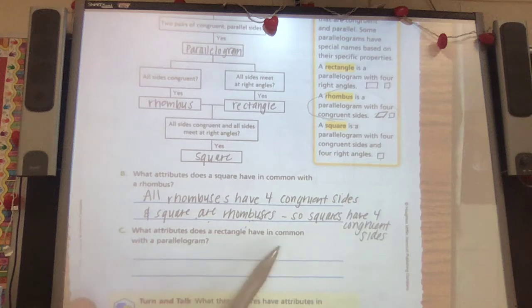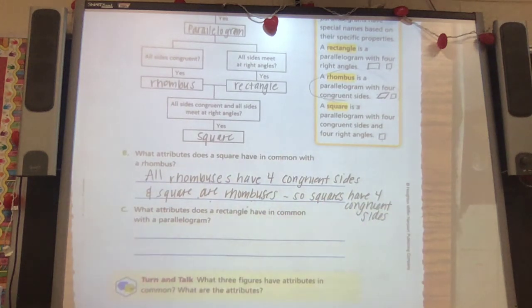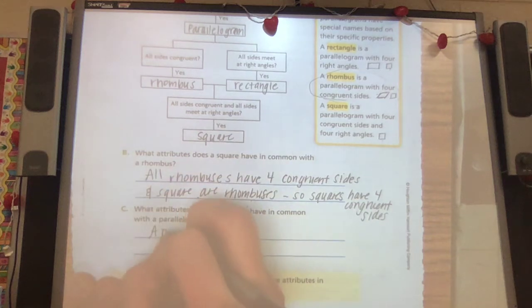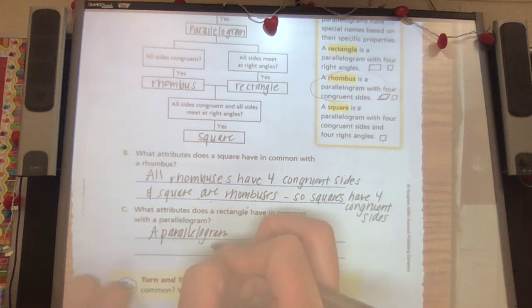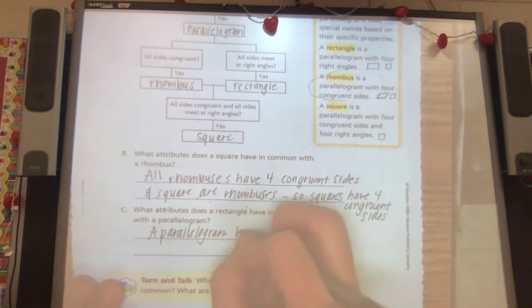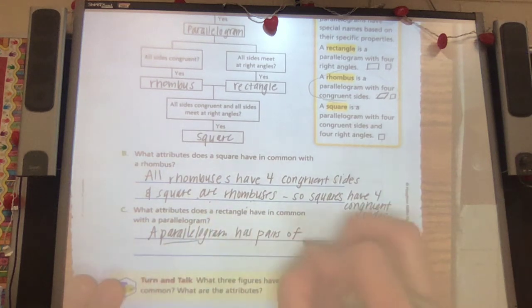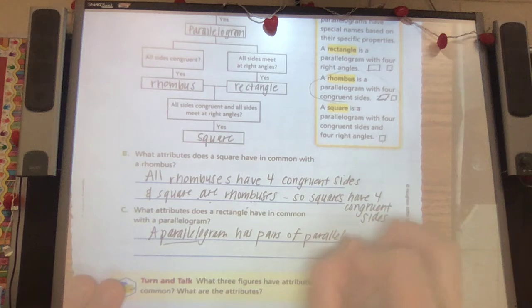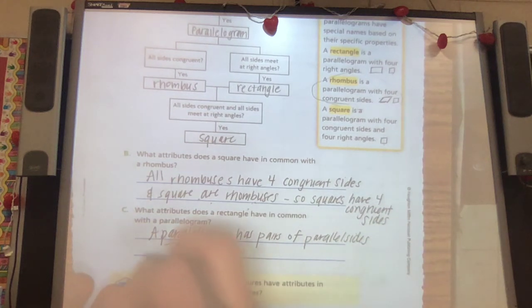What attributes does a rectangle have in common with a parallelogram? And this is a possible answer, not the only answer. It's a nice big word. A parallelogram has pairs of, definitely, parallel sides, and the sides are congruent.